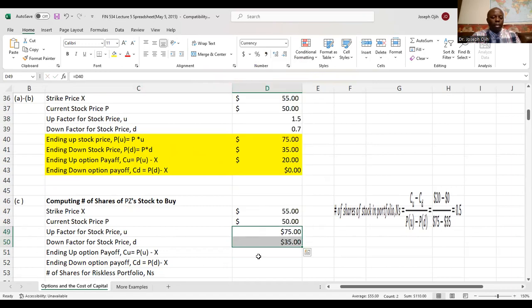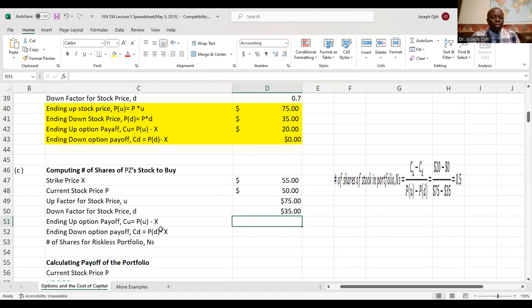Now, having said that, we can find the ending up option payoff, which we have right here, $20. The ending down option payoff, we can actually get it from here.